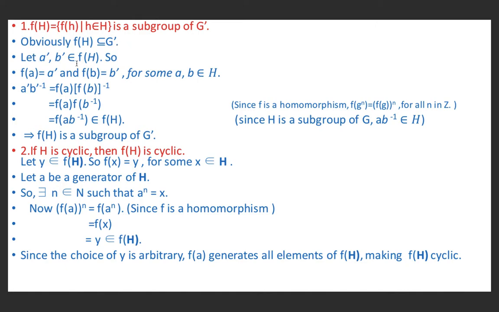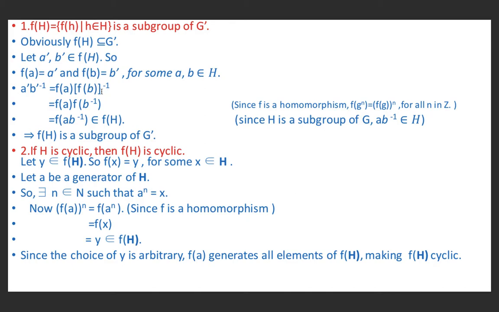Let a', b' belong to f(H). Therefore f(a) is equal to a' and f(b) is equal to b' for some a, b belonging to H. It means a' b' inverse is equal to f(a) times f(b) inverse.